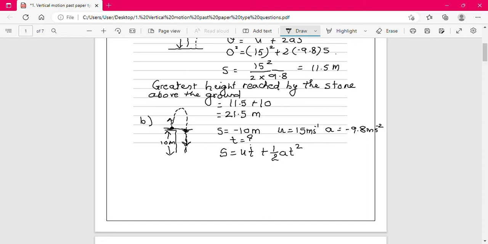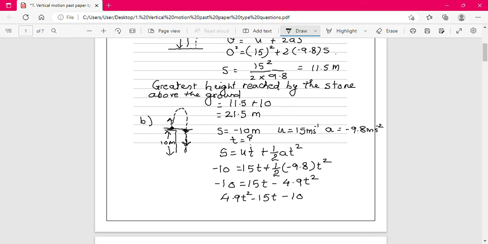So S is negative 10, U is 15, so 15t plus half into negative 9.8 into t square, which is 15t minus 4.9 t square. So 4.9 t square minus 15t minus 10 is equal to 0.